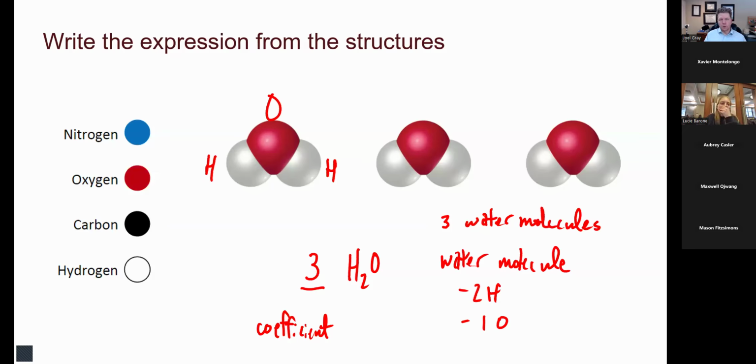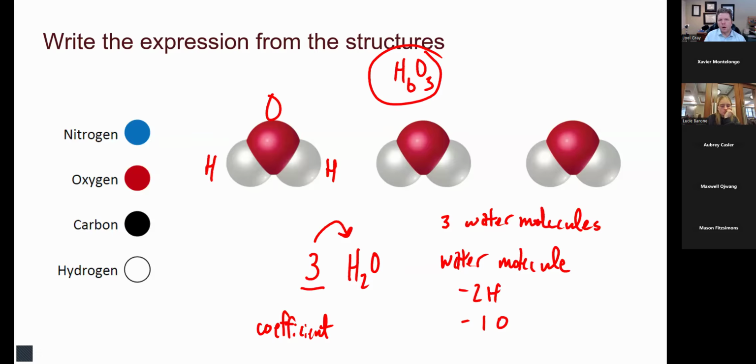I just want to distinguish that from, oh, okay, I know how to do this, I'm going to write this as H6O3. H6O3 would be a completely different molecule than three H2Os.